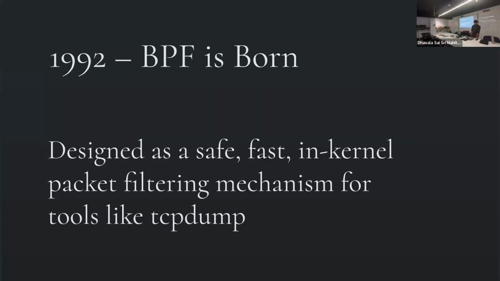So in 1992, BPF was born. BPF is the Berkeley Packet Filter without the whole extended part, which a few people built around 2014. So this was designed as a very fast way to get all the kernel data out of the kernel to the user plane.